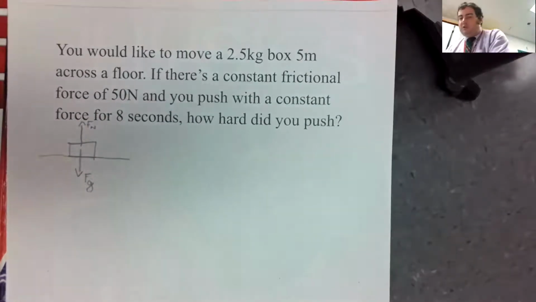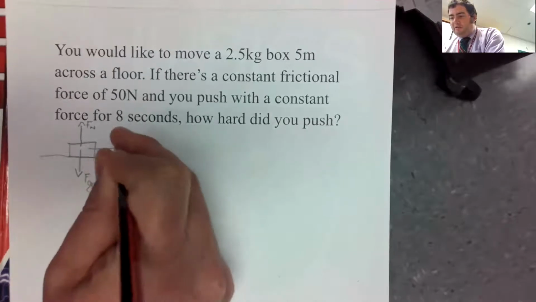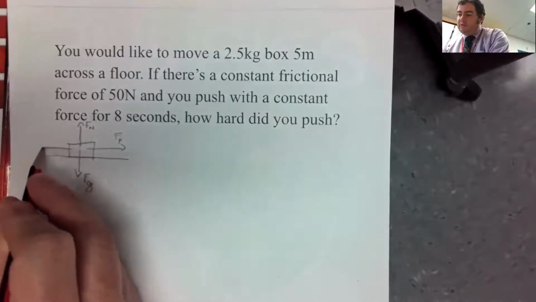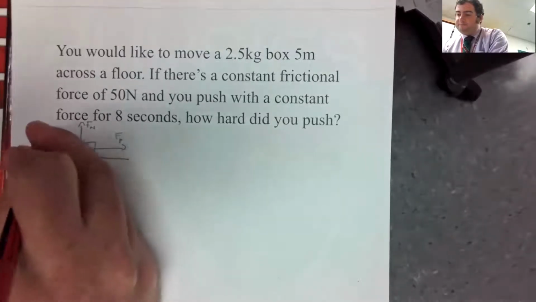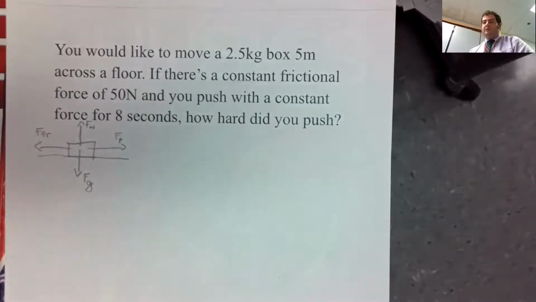Because it's being pushed, there must be a pushing force or an applied force, whatever you want to call it. I'll call it FP; FA would be fine. And then there's a frictional force back this way.